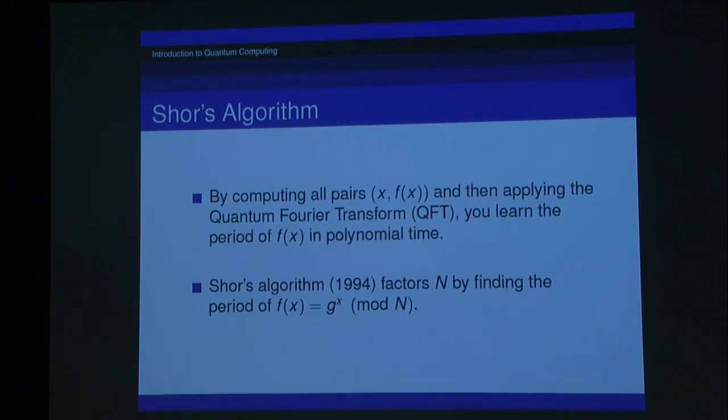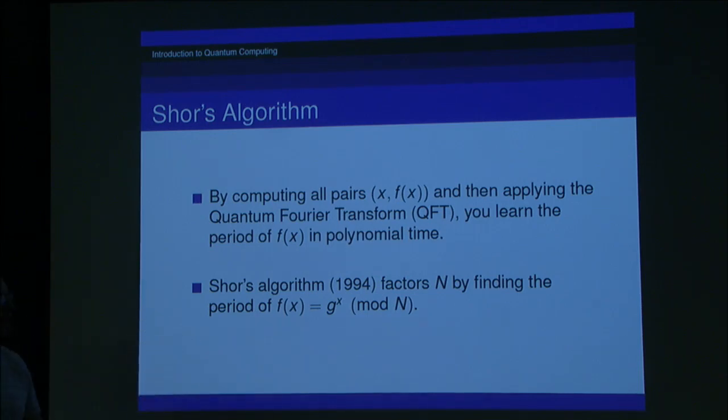Shor's algorithm is based on this. By computing all pairs x, f of x, and then applying the quantum Fourier transform, you learn the period of f of x in polynomial time.